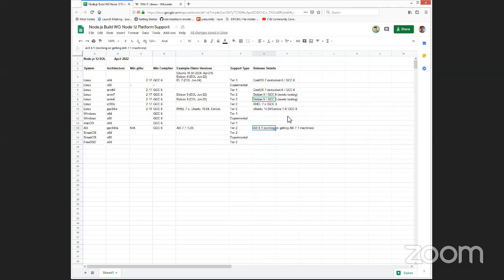And that's also the rubric we're missing. What's going to happen with Windows on ARM? Microsoft's people who are involved really want official support for Node on Windows on ARM.